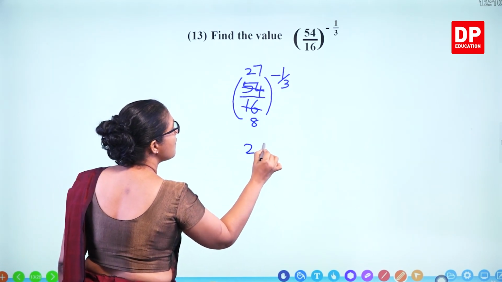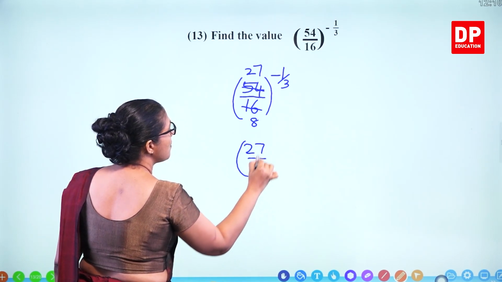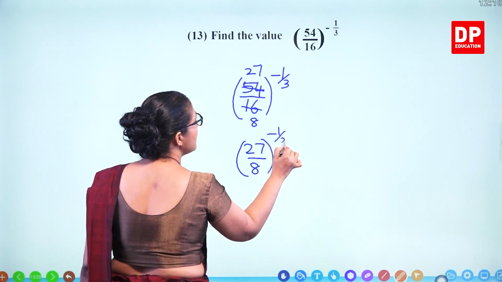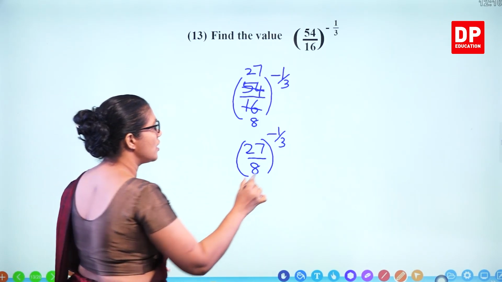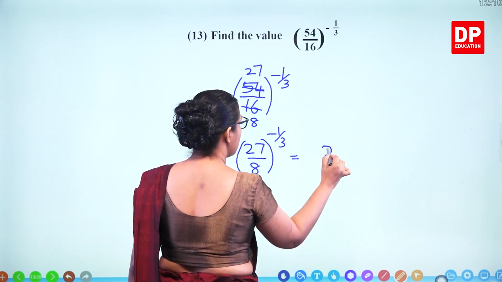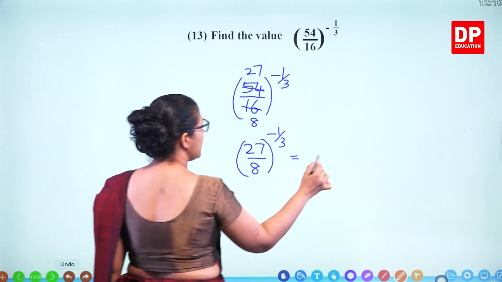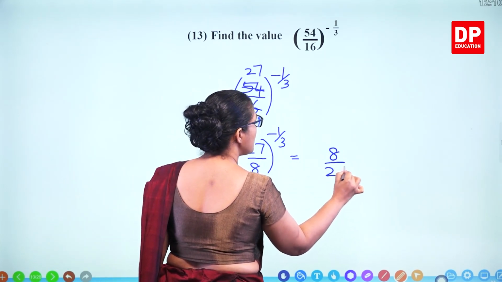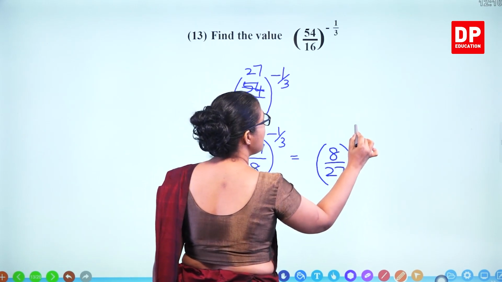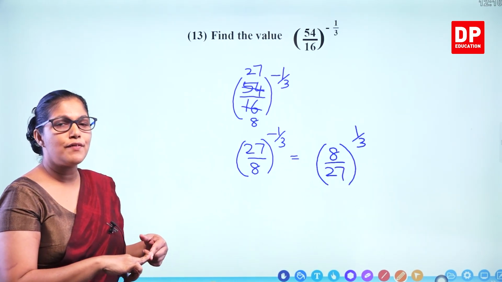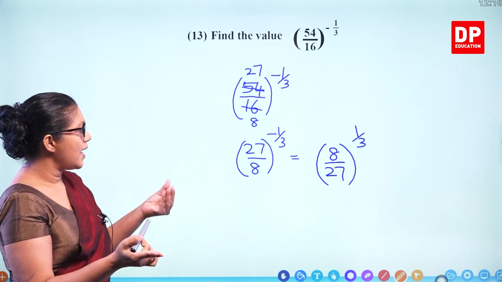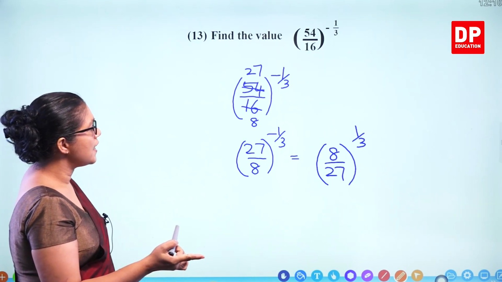So 27 over 8 to the power minus 1/3. I want to get rid of this minus power. So I can switch. I can write 8 in the numerator and 27 in the denominator, and the power becomes positive. Negative power, how do you convert to the positive power? Take the reciprocal, upside down.